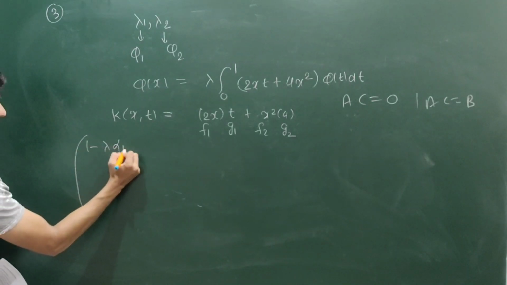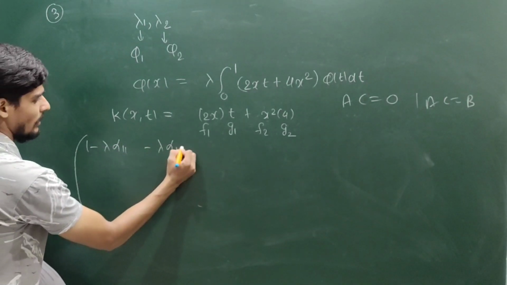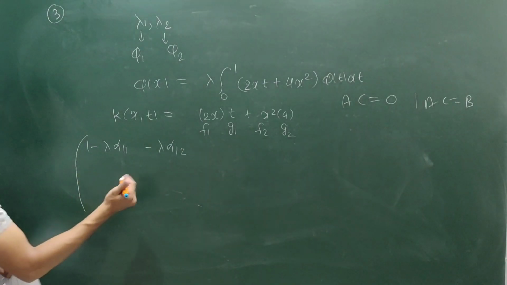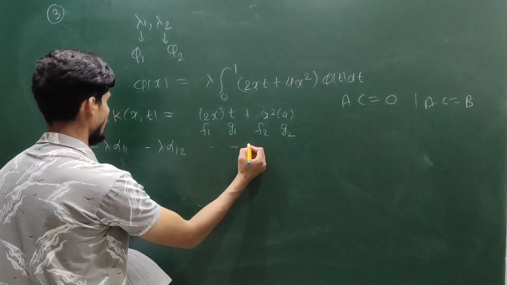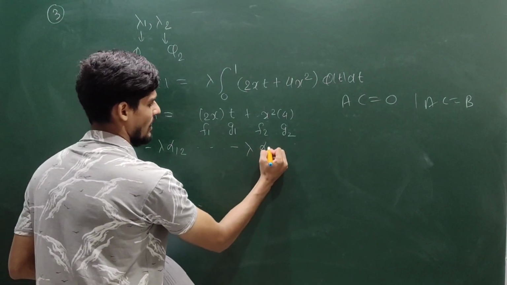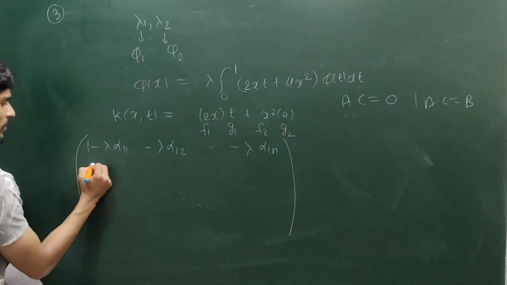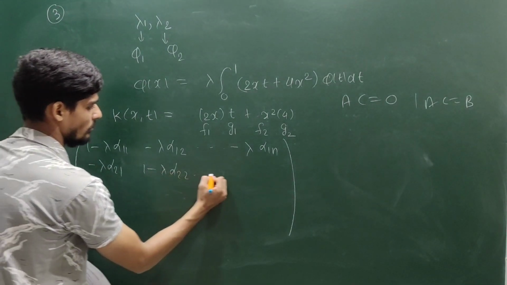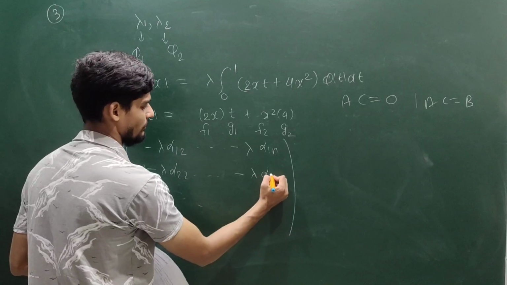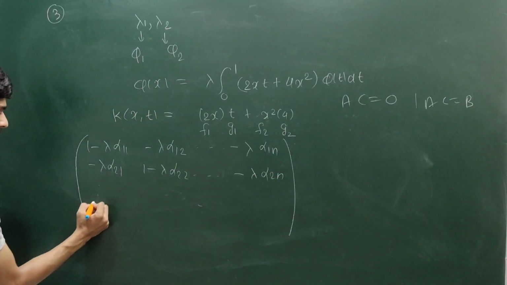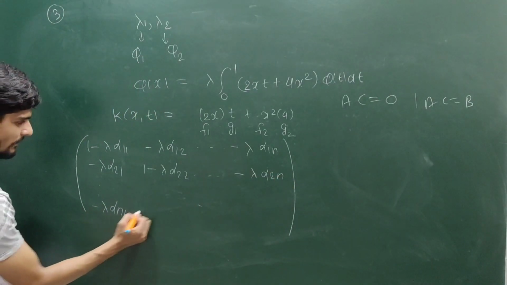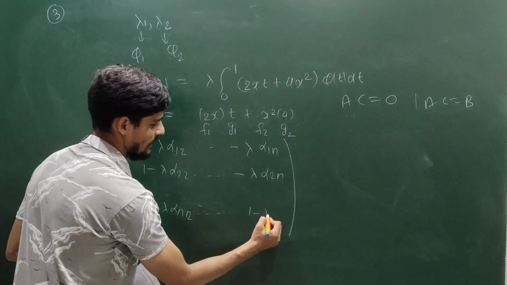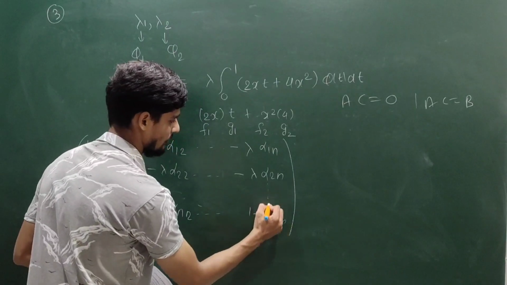1 minus lambda alpha 11, minus lambda alpha 12. This is going till 2, so I am writing for 2 only. Or let me write for the nth case, minus lambda alpha 1n; minus lambda alpha 21, 1 minus lambda alpha 22, minus lambda alpha 2n; minus lambda alpha n1, minus lambda alpha n2, 1 minus lambda alpha nn.